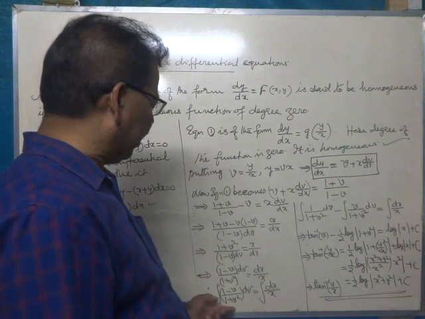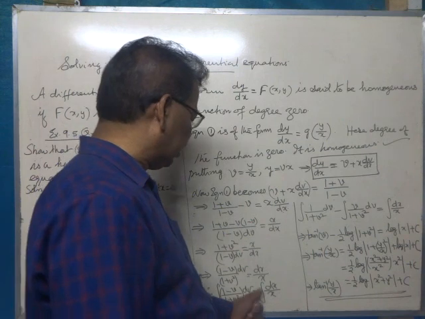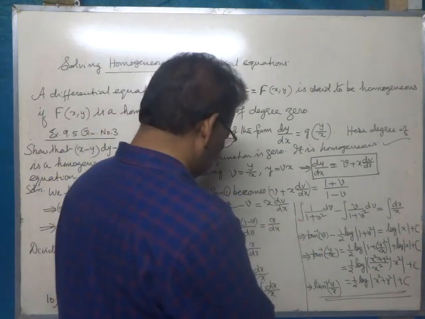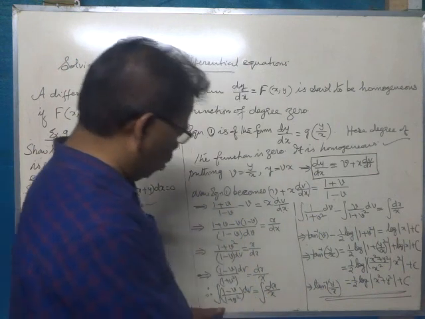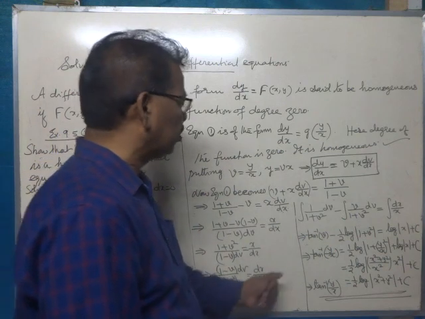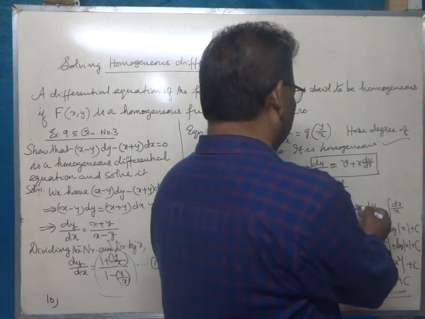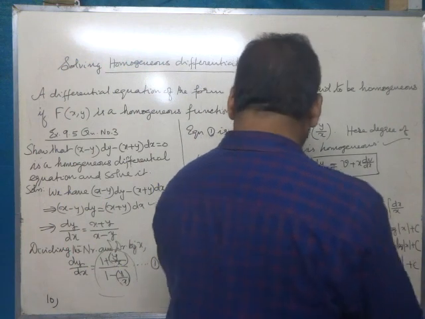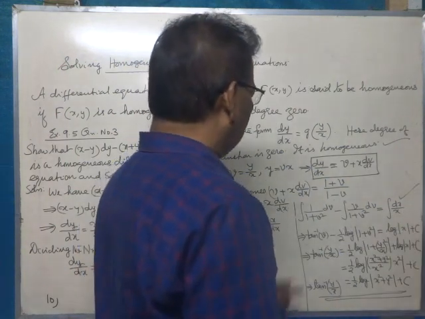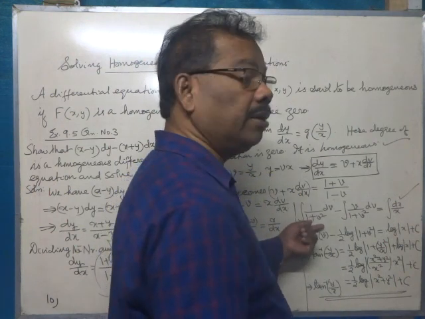Now we shall integrate both sides. Integral (1 minus v) by (1 plus v square) dv is equal to integral dx by x. Now we can split this integral into two: integral 1 by (1 plus v square) dv minus integral v by (1 plus v square) dv. It is equal to the right side, integral dx by x. Now we know integral 1 by (1 plus x square) is equal to tan inverse x.